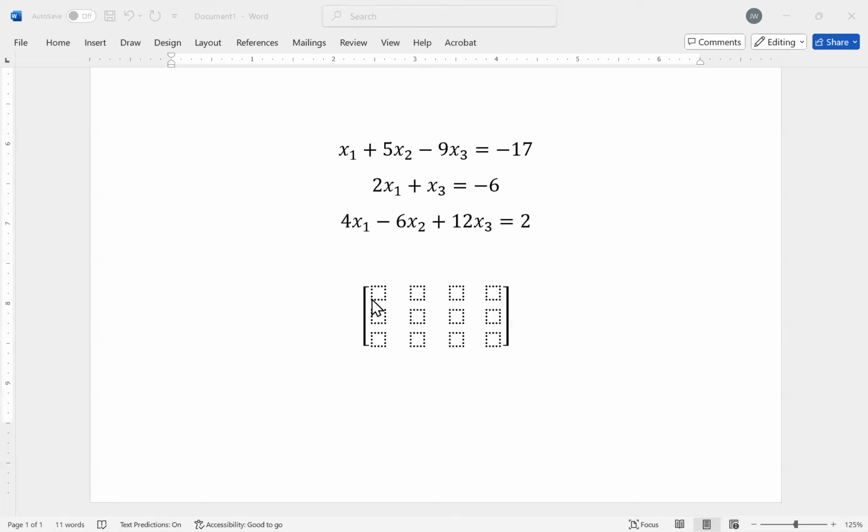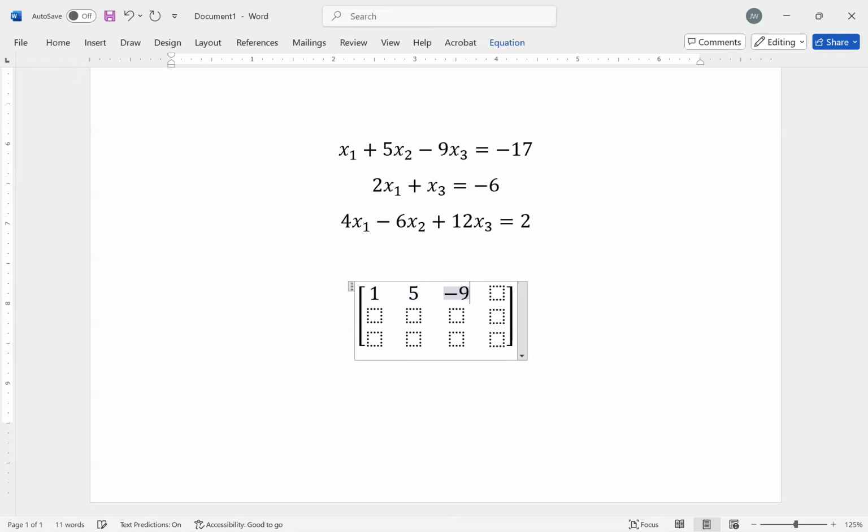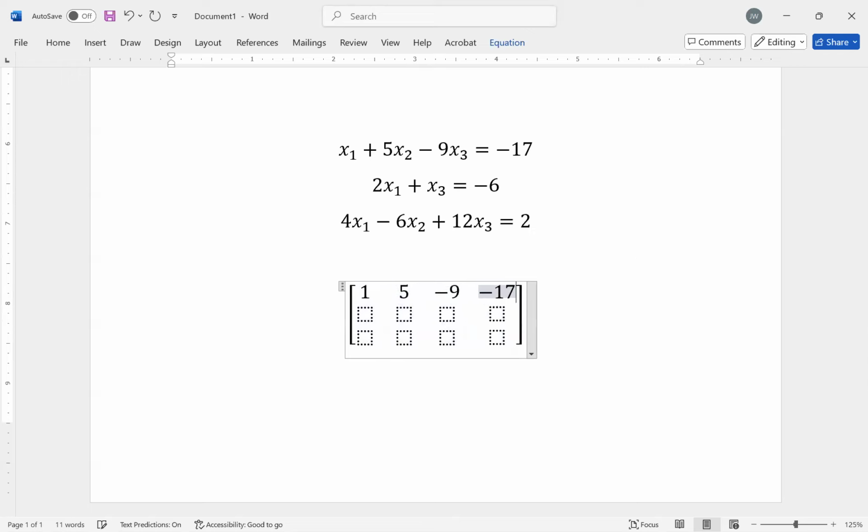Just like in the other cases, I have things lined up so I can just read off the coefficients. In the first equation, we have 1x1 plus 5x2 minus 9 times x3 is equal to negative 17. So the first line is 1, 5, negative 9, negative 17 in the augmented matrix.